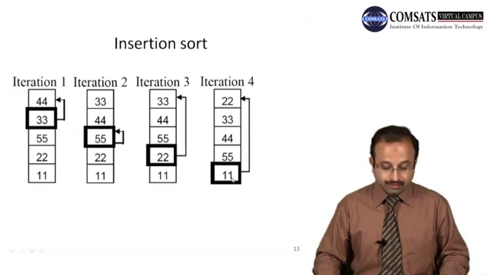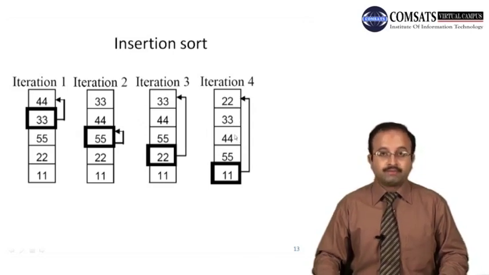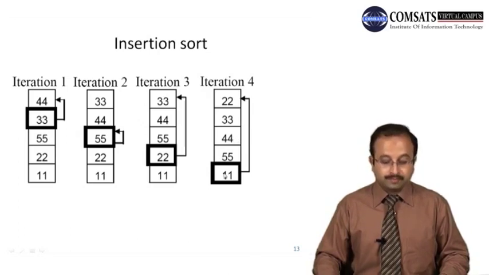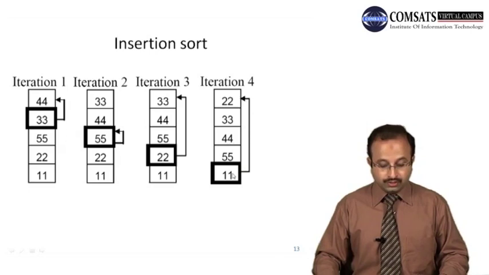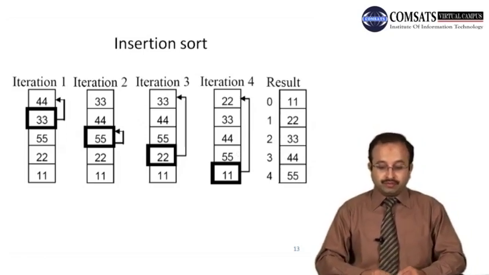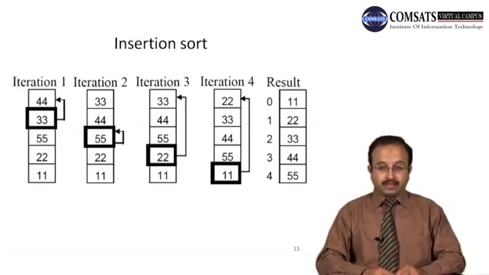Then the value is 33. 33 will be compared with 44, and 44 is larger, so this value goes down, right? And 33 goes up over here. So 44 is over here, 55 is here, then 44 is compared with 55, value 55 is larger, so this value goes down and 44 goes up. So the output will look like this: 11, 22, 33, 44 and 55.